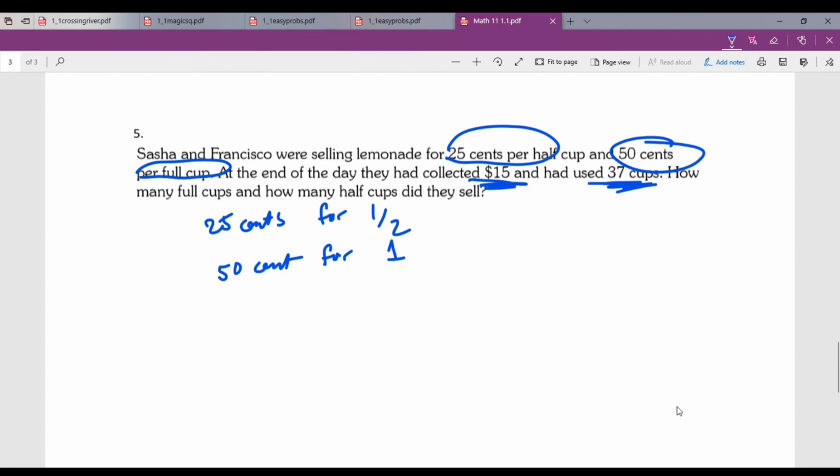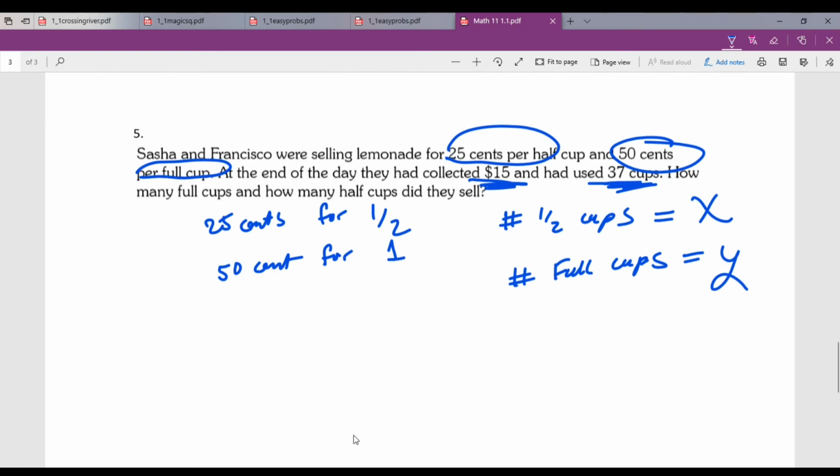So let's set some numbers. We'll look at the number of half cups and the number of full cups. I'm going to give the name for half cups as X, and the number of full cups, I'm going to call that Y. I know there are 37 cups total, so I can say X plus Y has to be equal to 37.